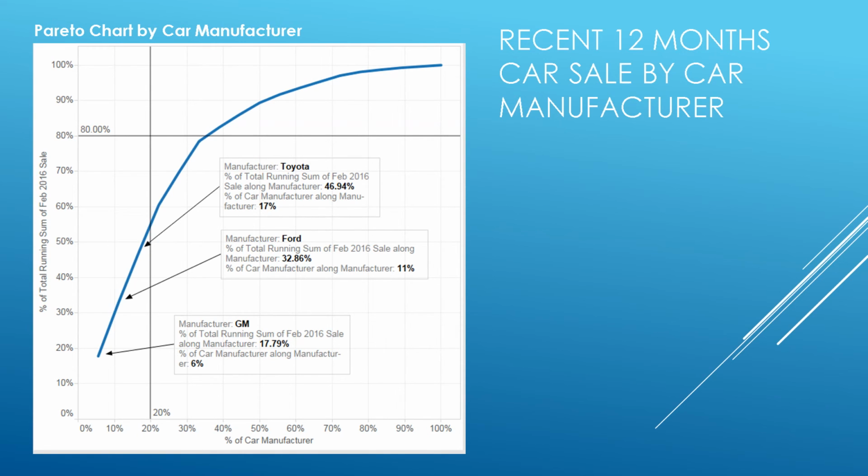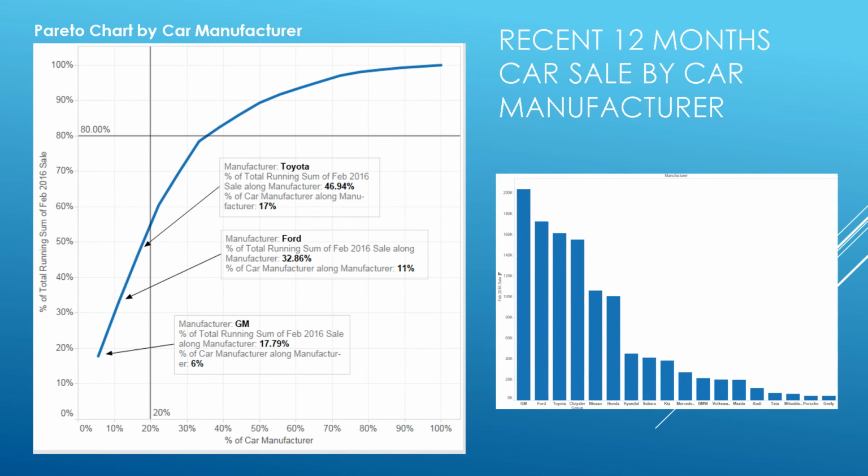GM, Ford, and Toyota make up most of the sales. And here on the right side, you see a graph showing GM overall leads the car manufacturers in sales. The source for this is Edmunds.com.